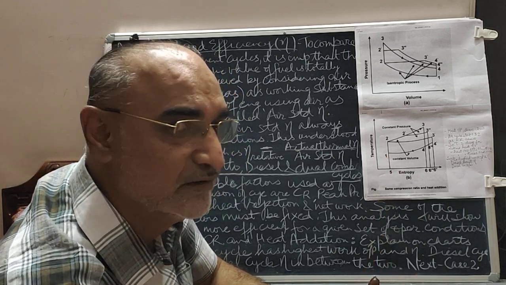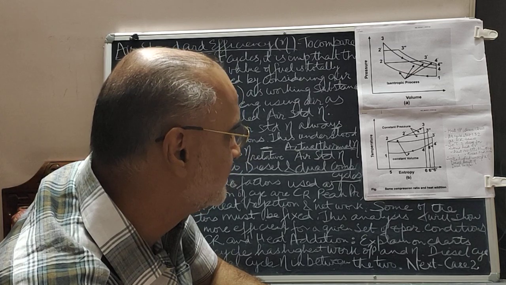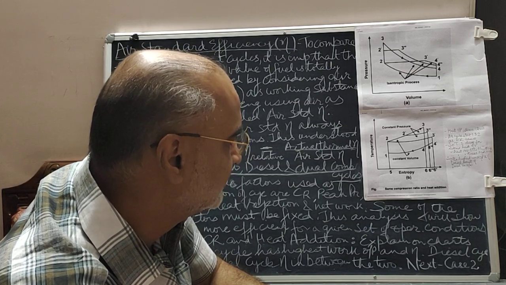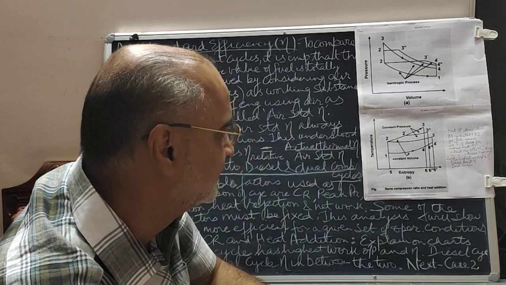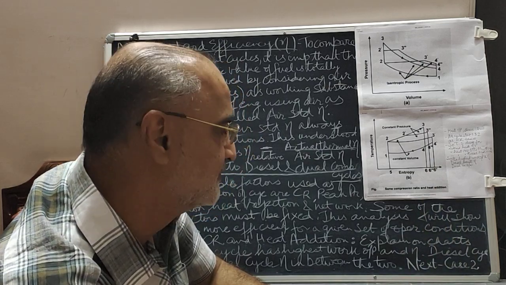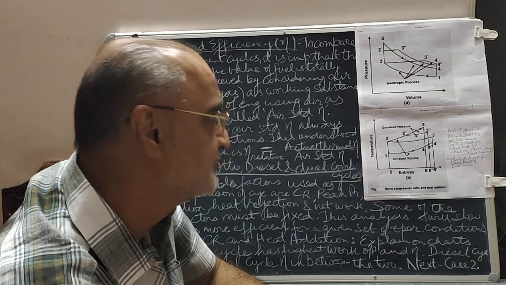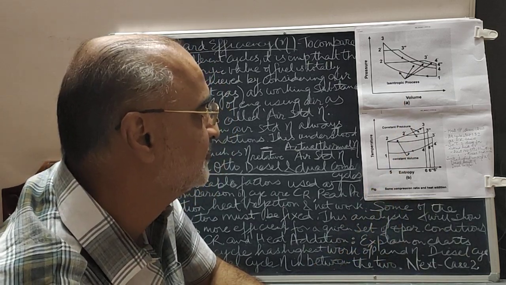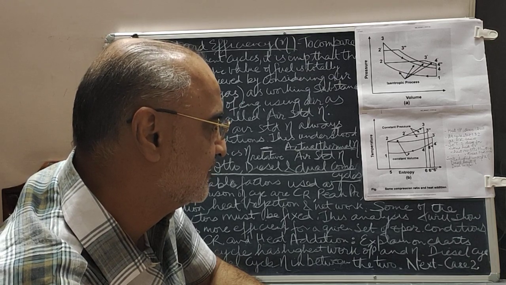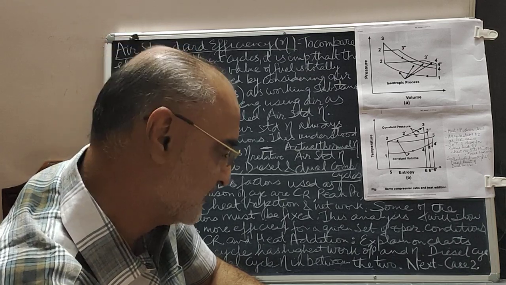The diesel has the least efficiency, and the dual combustion cycle has an efficiency which falls in between the two. This is the inference we have drawn from these two, PV and temperature entropy diagrams.